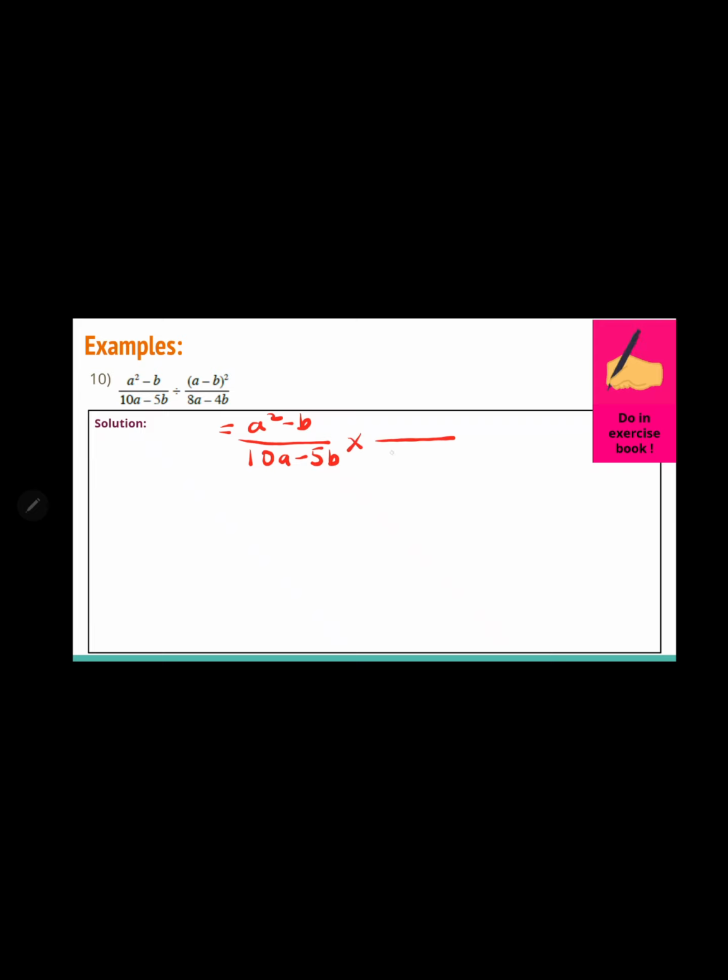So I change first. This one. Two times. Square means 2 times.